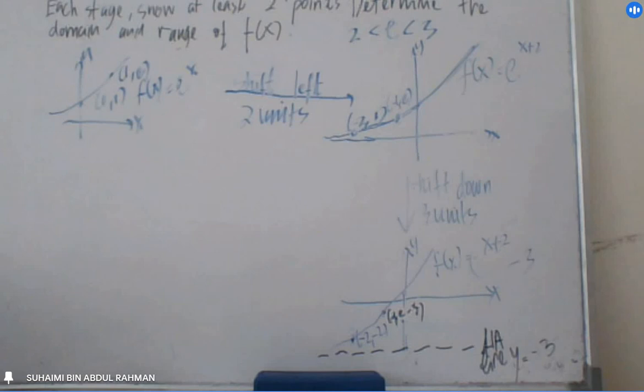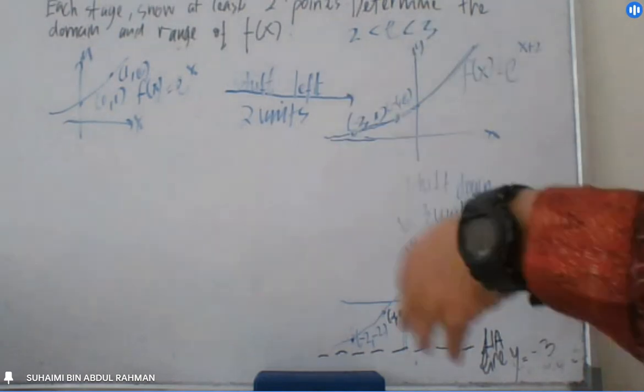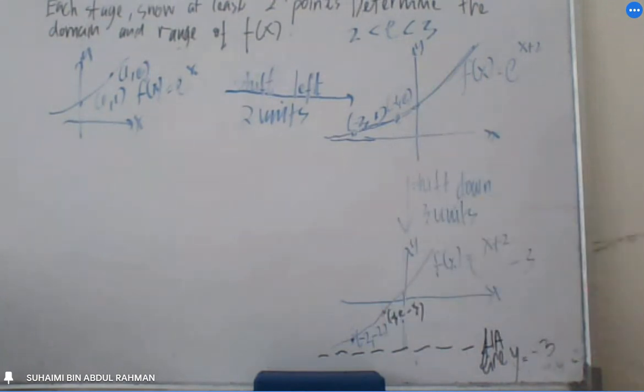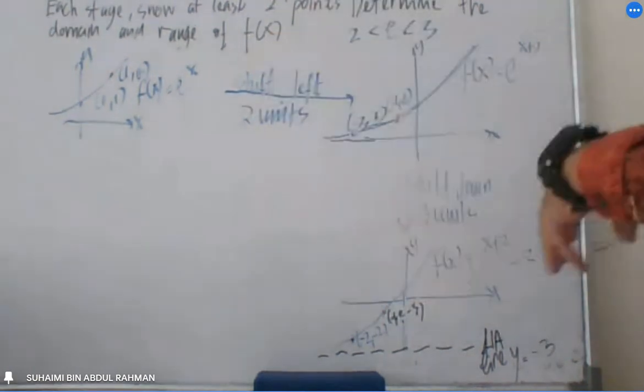The example before had only 3 transformations, and this example has 2 transformations. Maybe in the questions in the examinations or quiz later, for transformations, these are only examples to show you the movements.